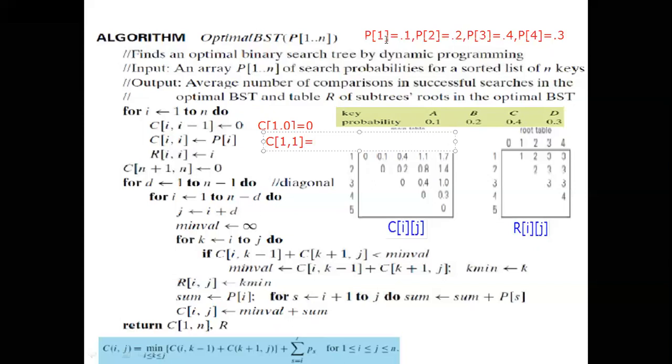What is P of 1? Already I have written here, it is 0.1. C of 1, 1 is equal to 0.1. I hope it's clear. That is the same value we got. It is 0.1.